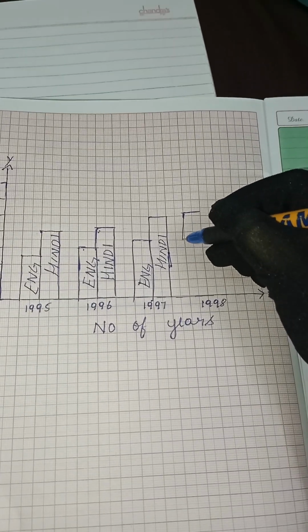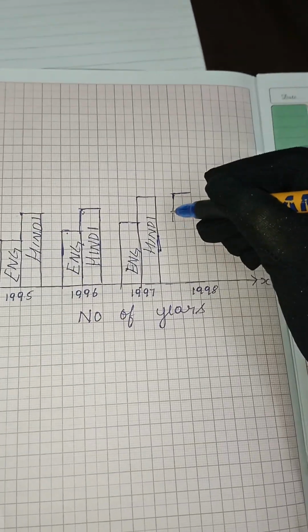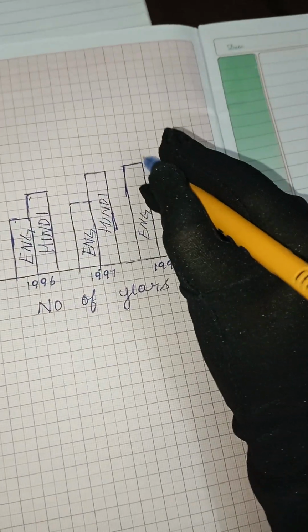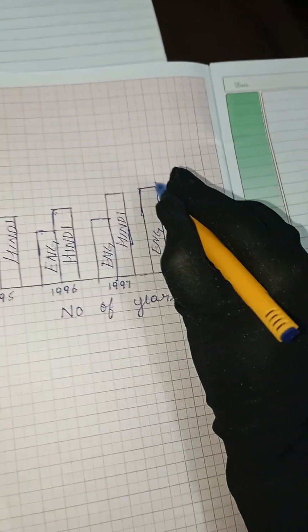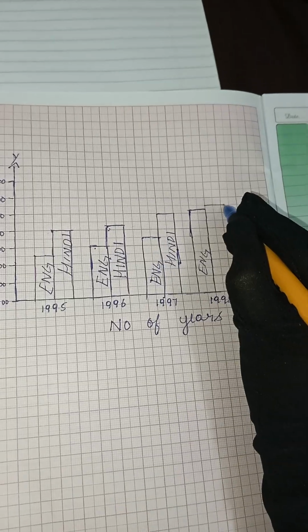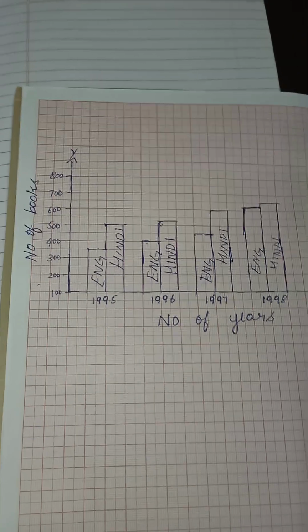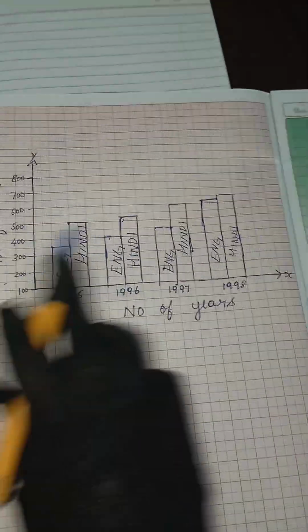Now we'll draw a straight line. And then 650, right? We'll go to 650 here. 600 is here, 650 is here. Let us mark 650. So we are done with the double bar graph. So this is how we'll draw the double bar graph.